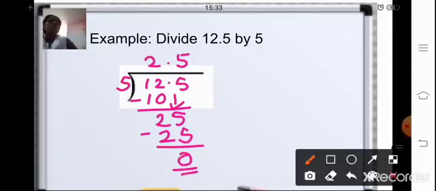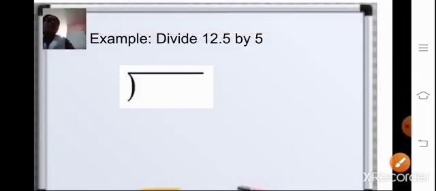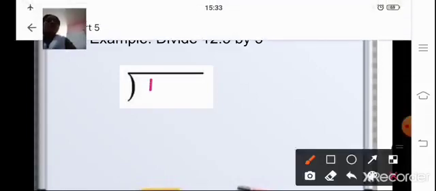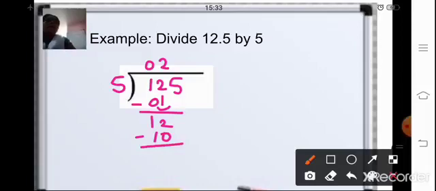Or what you can do is divide it without using the decimal point. That is, 12.5 will be written as 125 divided by 5. The first digit is not divisible, so you can put a 0, 1. Take this 2 down. 5 twos are 10. 2 minus 0 is 2.